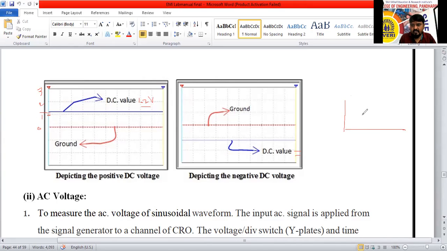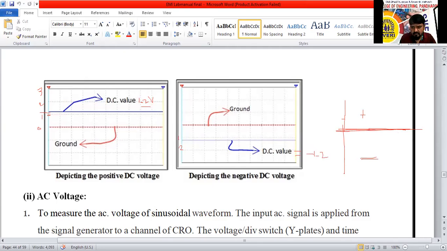This side is positive, so what is the downside? Negative. Why are you waiting then? This is the ground. We have taken ground as the reference. If it is positive on one side, then negative on the other. Here 1 we have taken, same for each division. Here we can write minus 1.2. Correct or not? Minus 1.2, that is the DC value here.